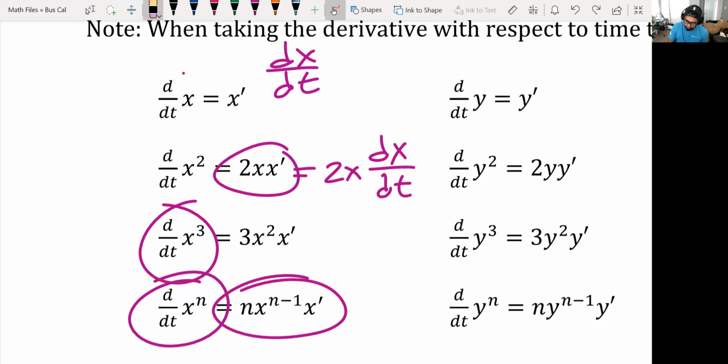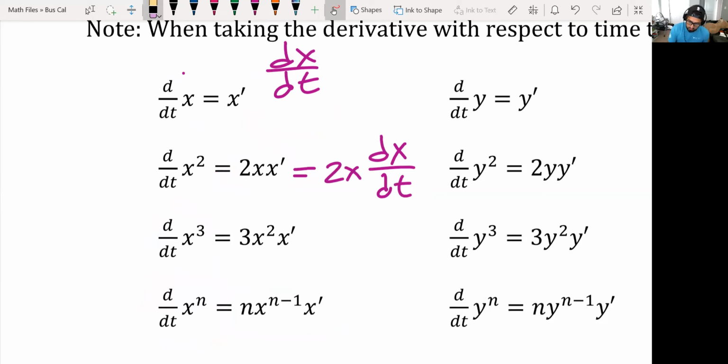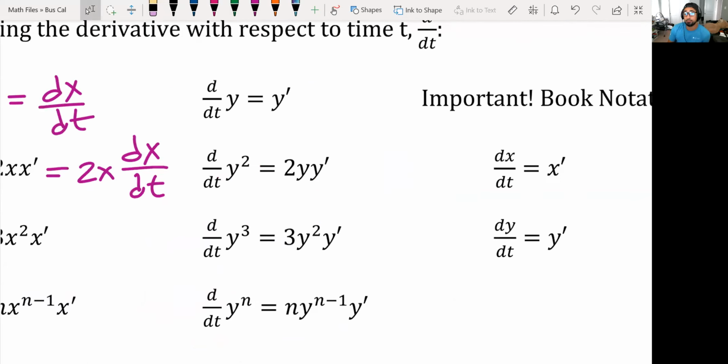I guess I should rewrite this. And the same can be said for y. If it says find the implicit derivative with respect to time of y, or find dy over dt, that means it's just looking at this. The implicit derivative of y with respect to time is y prime, or dy over dt.